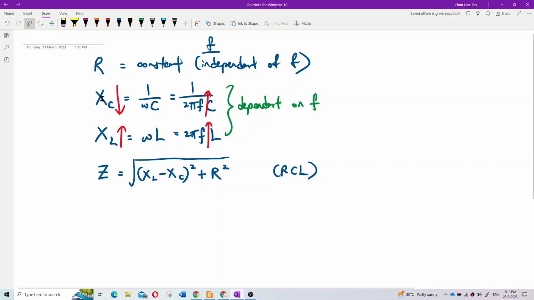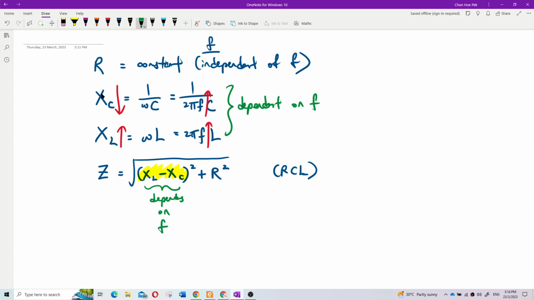So the impedance Z also depends on frequency because Z depends on XL and XC. Only the resistance is independent of frequency.